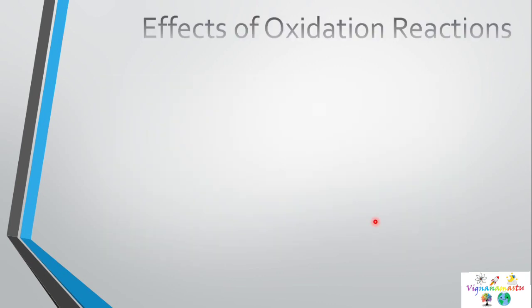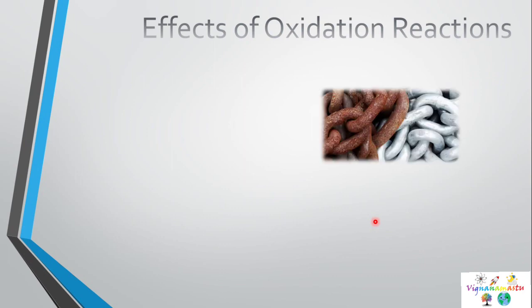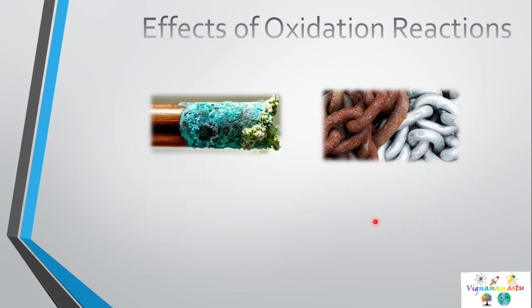So let us look at some of the effects of oxidation reactions. Iron chains, these metal chains getting rusted, and a copper substance gets colored deposits on it. Why does this happen?